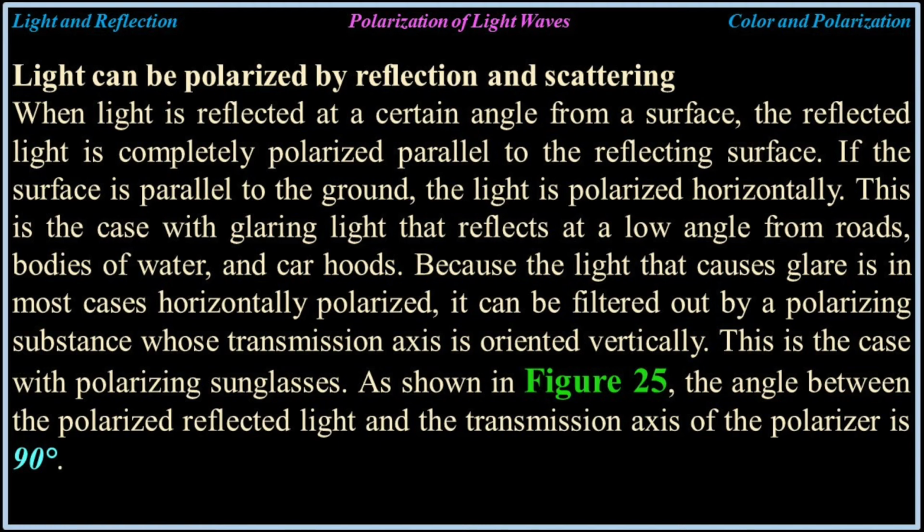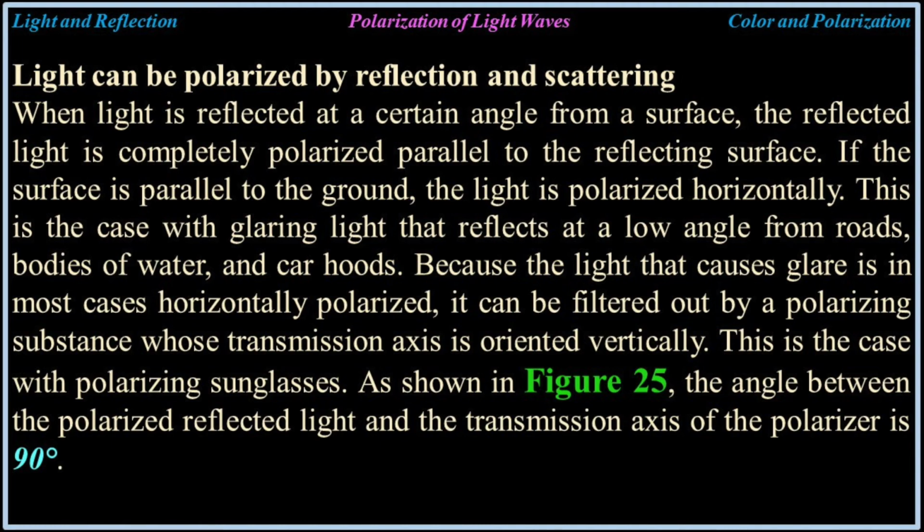This is the case with glaring light that reflects at a low angle from roads, bodies of water, and car hoods. Because the light that causes glare is in most cases horizontally polarized, it can be filtered out by a polarizing substance whose transmission axis is oriented vertically.